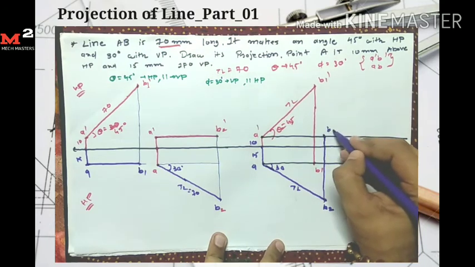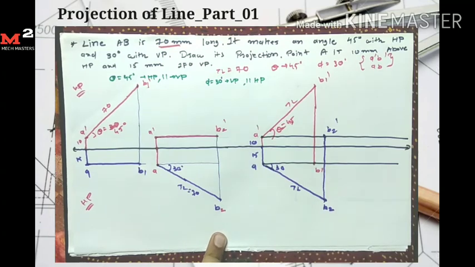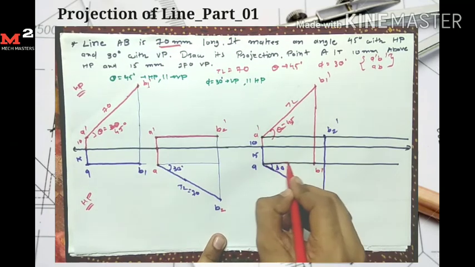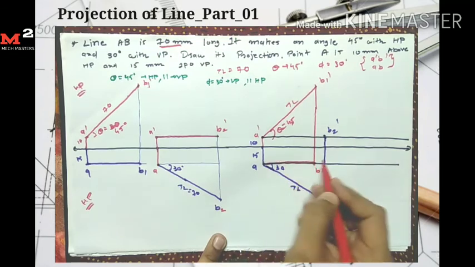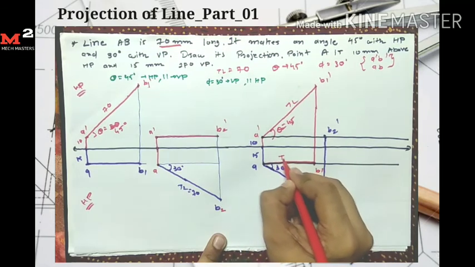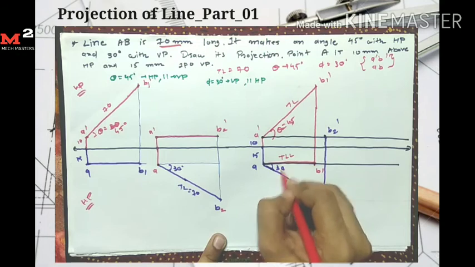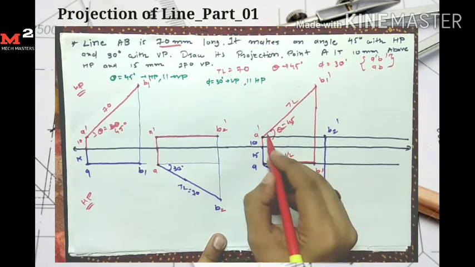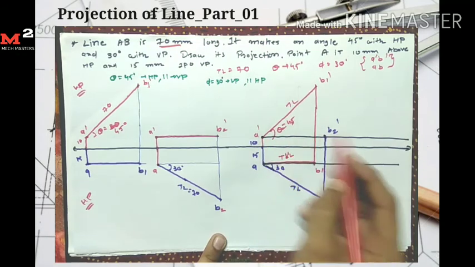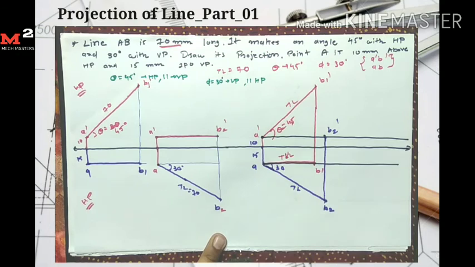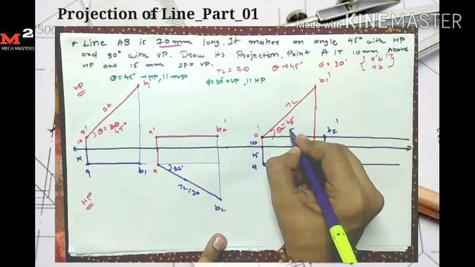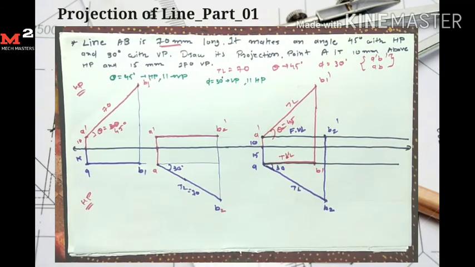So here I get the point B2 dash. So AB1 is my top view length, and A dash B2 dash is my front view length. Now draw the final line A dash B dash.